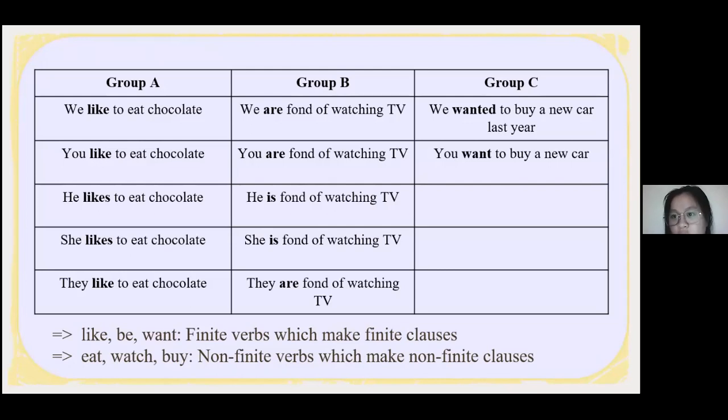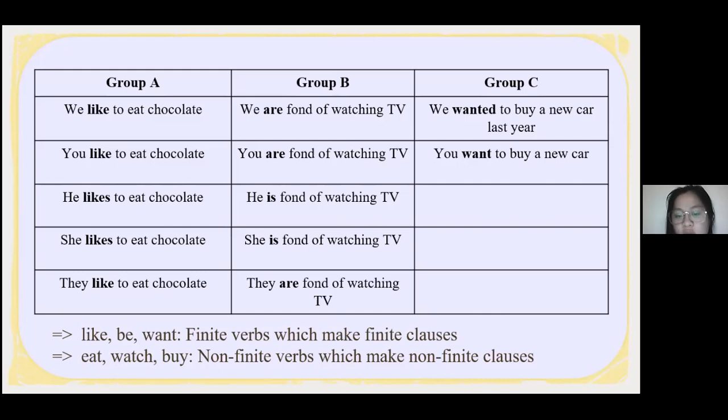In the sentences in group A, we have the verbs like and eat. The verb like takes on different forms in the six sentences in the group because of their subject. But the verb sing has the same unchangeable form in all sentences. In group B, we have the verb be in different forms because of their subject, and the unchanging verb form watching.